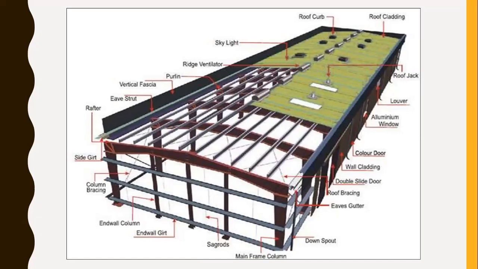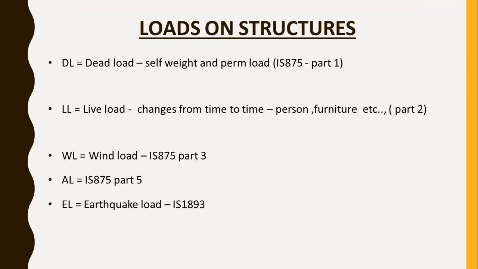In the third chapter, we look at the loads on structures, right? The first one is dead load, which is self-weight, provided in IS 875 part 1. The second one is live load, which changes from time to time, like a person moving in the structure, or furniture moved from one place to another.